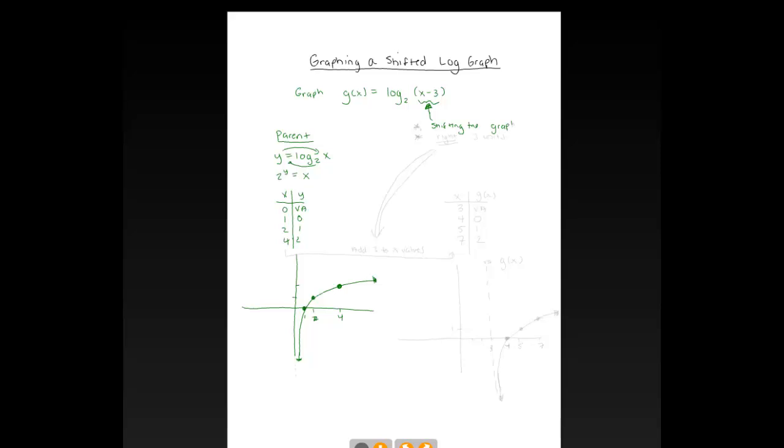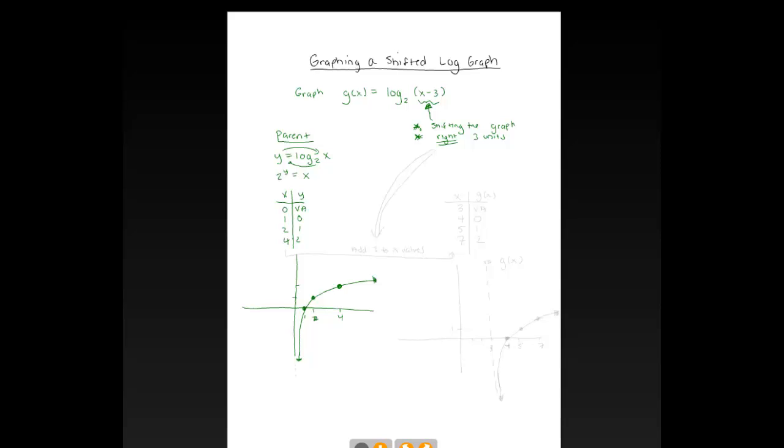Now, most students think it shifts the graph left because they associate the negative with moving left. But it shifts the graph right 3 units. I make kind of a big deal of this in the transformations video, which you'll see in a few days. For now, it's important just to remember that's going to shift the graph right 3 units.